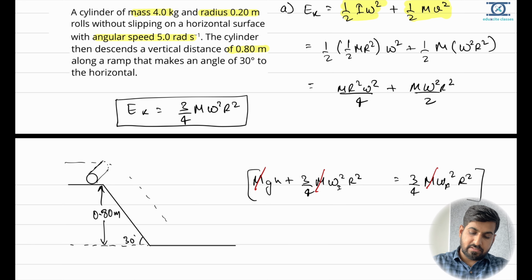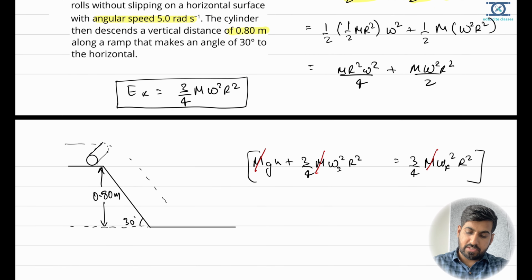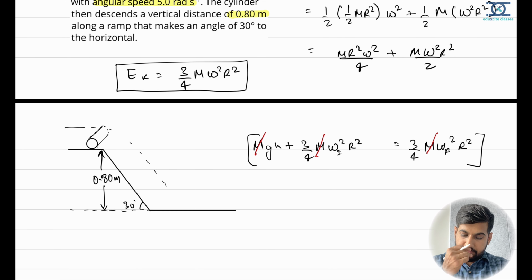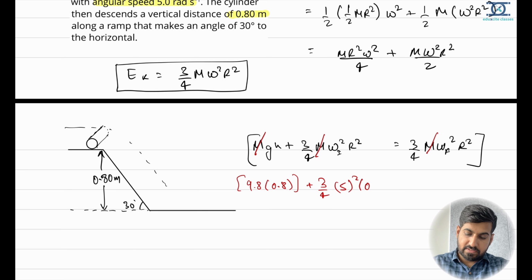Now rest, this is the vertical height. Now if you want to find out omega f, rest all values are given. So just put in the values, 9.8 times 0.8 plus 3/4 times omega initial, which is 5 square, radius is 0.2 square, equals 3/4 omega final square times 0.2 square.